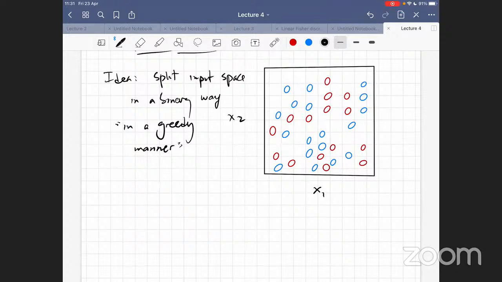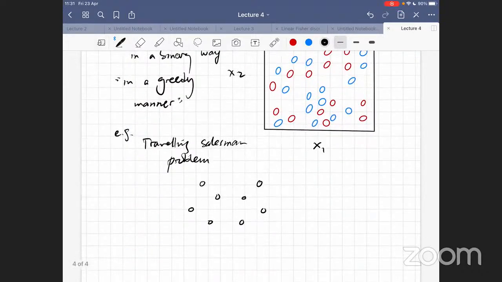The traveling salesman problem is a problem where you have a few cities that you need to visit, and you need to visit each of them once, and at each stage you decide to go to the closest city, right?